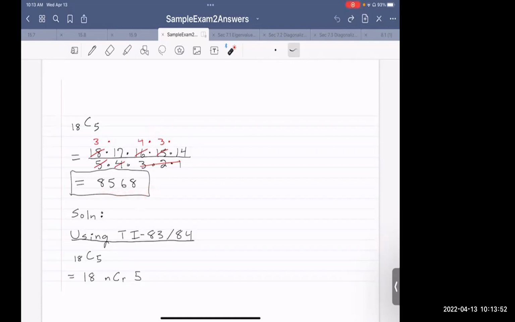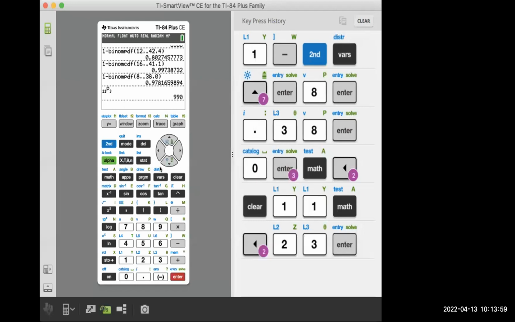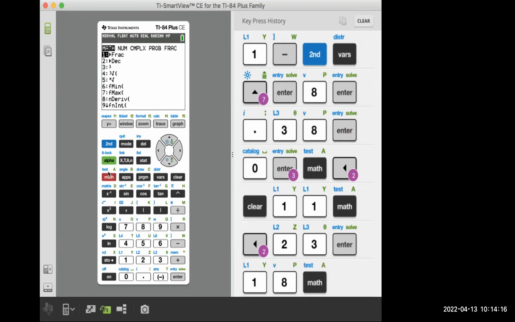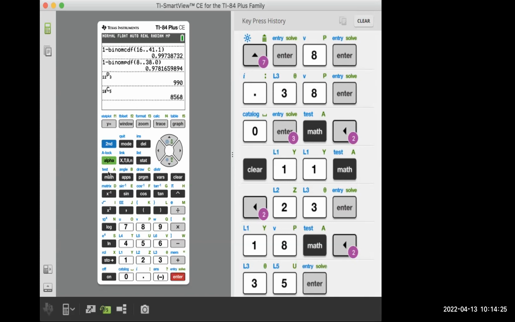And so I could also do this using technology. So let me do this on the TI-83/TI-84. And so I'm going to do 18C5. And so let's input 18, click on Math, go to the PRB menu. It's the third one down. And let's select 5, hit enter.